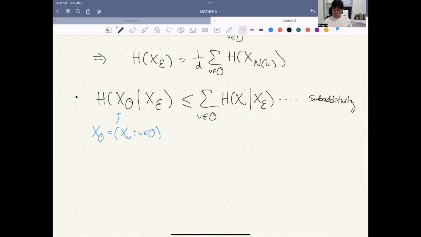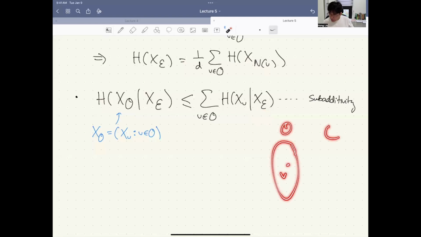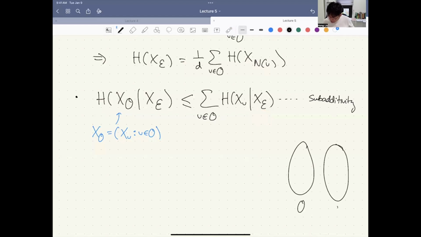Now we're going to make it even larger. We don't need to reveal all of X_E. Let me draw a picture again. This is the odd side, the even side, and this is V. Whether V lies in the independent set depends only on N of V, its neighborhood, not on all vertices in E. This is the so-called spatial Markov property.